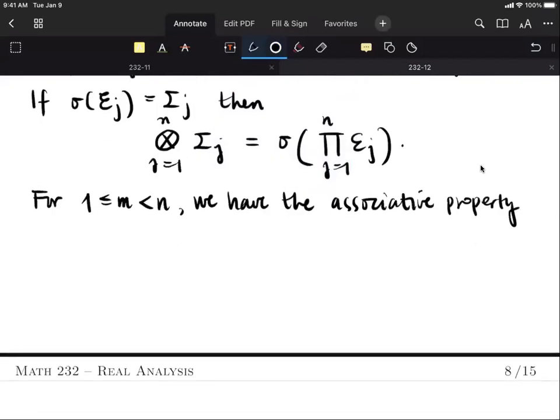Here you take first the product sigma algebra up to the m sets, and then the product sigma algebra of the remaining sets.